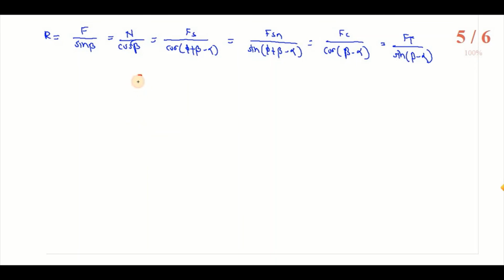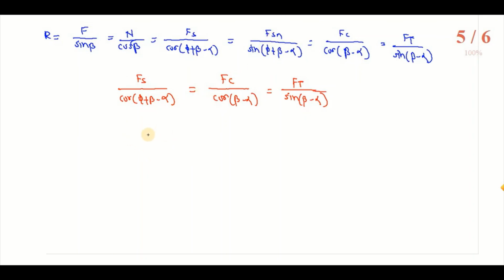So we can write Fs upon cos(phi plus beta minus alpha), which is equal to Fc upon cos(beta minus alpha), which is equal to Ft by sin(beta minus alpha). So if we measure this Ft or Fc, based on that we can find out the shear force value.